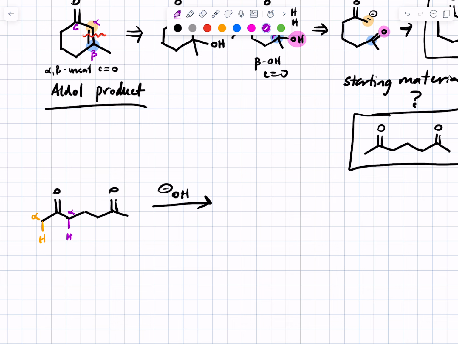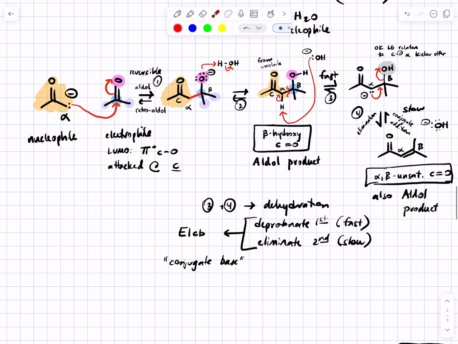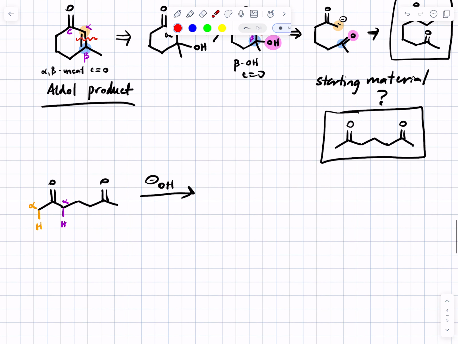Enolate stability only matters if the reactions you do with the enolates are not reversible. The enolate formation was reversible when we were thinking about most stable enolates, but the alkylation reaction was not. However, I have shown you an aldol reaction that's fully reversible all the way back to starting materials where there is no enolate. And in that case, what matters most is the stability of the product.